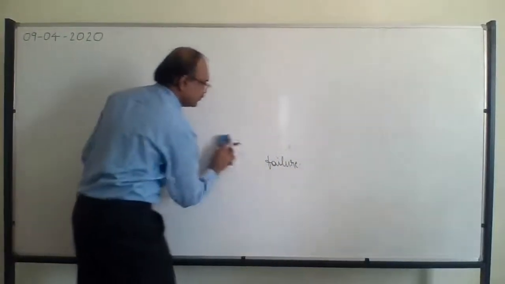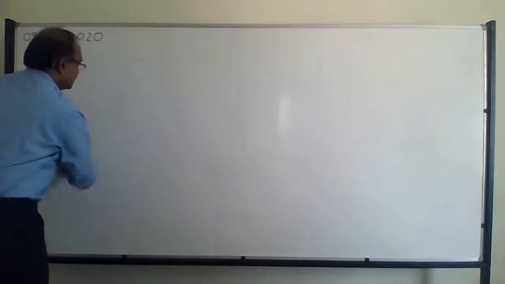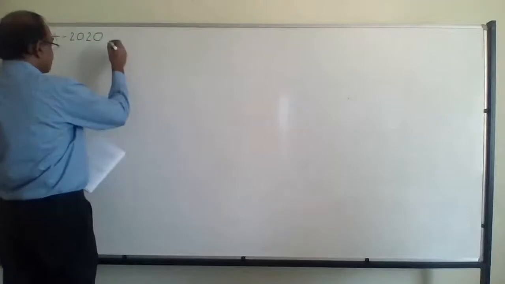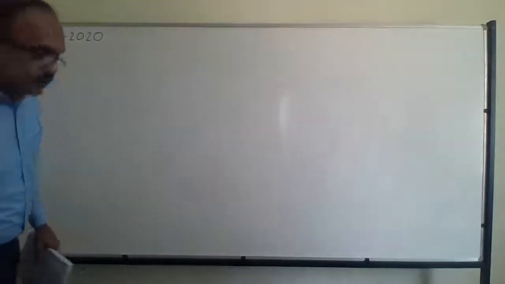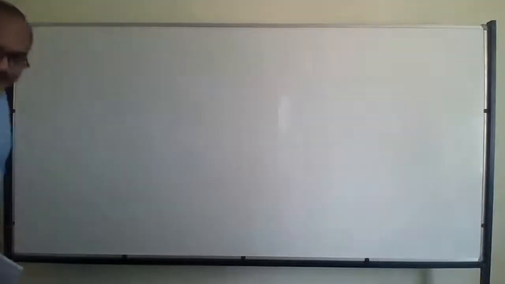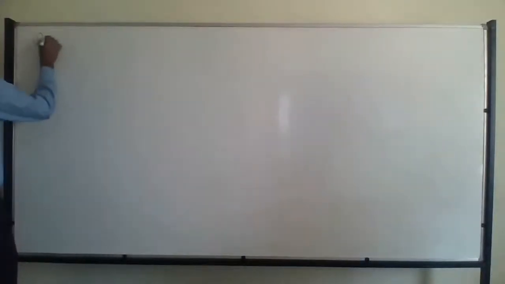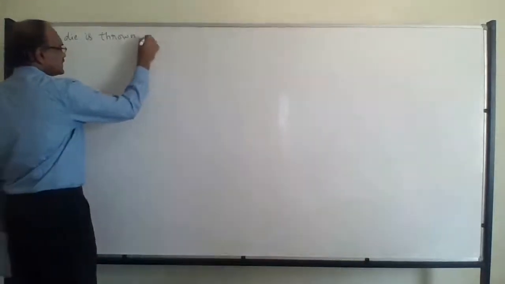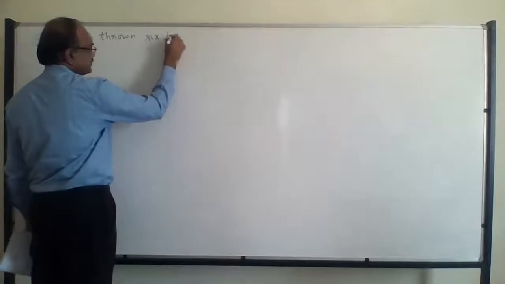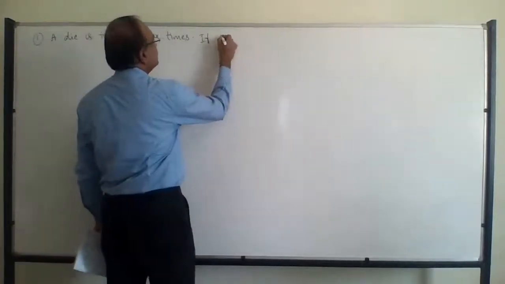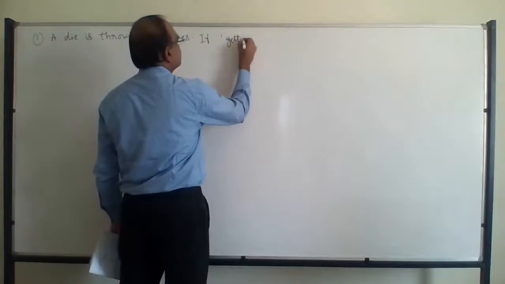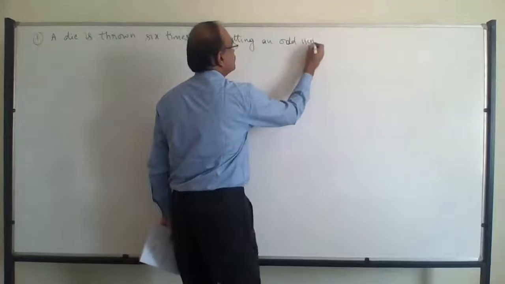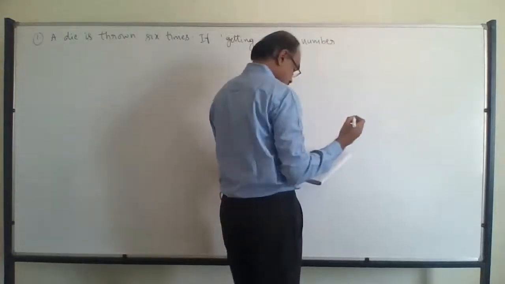A die is thrown 6 times. If getting an odd number is a success.